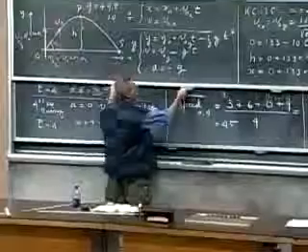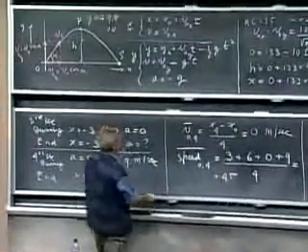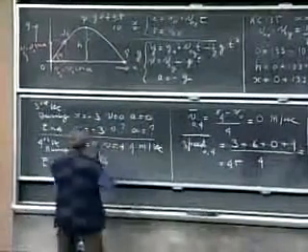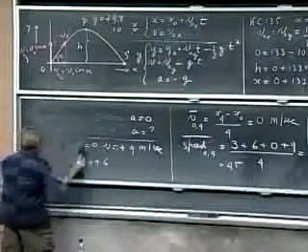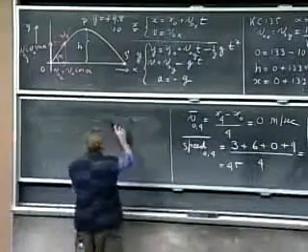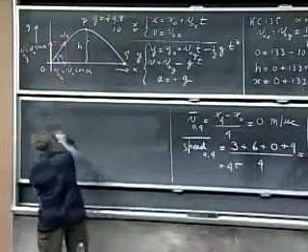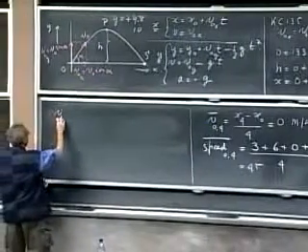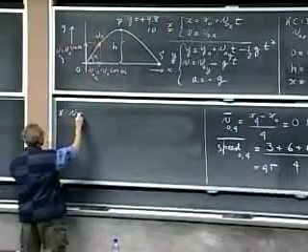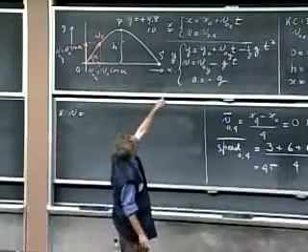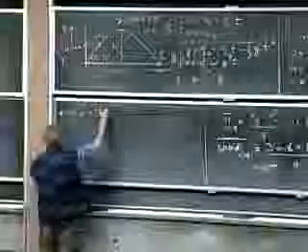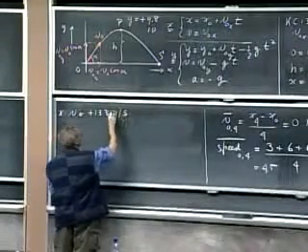I want you to appreciate, however, that I could continue to think of this as two one-dimensional motions, and I can therefore calculate what the velocity in the x direction is at S, and what the velocity in the y direction is at S. What is the velocity in the x direction at point S? I go to the second equation there. That is V0x, plus 133 meters per second.